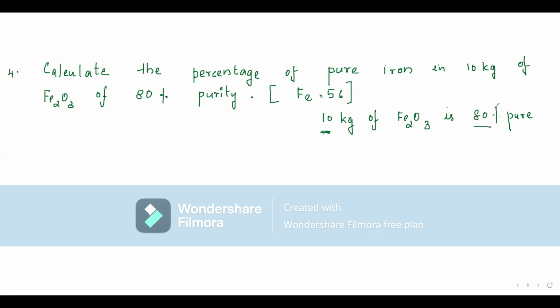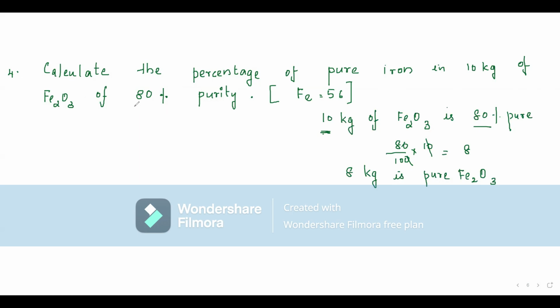So what is the 80% of 10 kilogram? 8, isn't it? 80 by 100 of 10 kilogram. Okay, so that is equal to 8. So here 8 kilogram is pure Fe2O3.